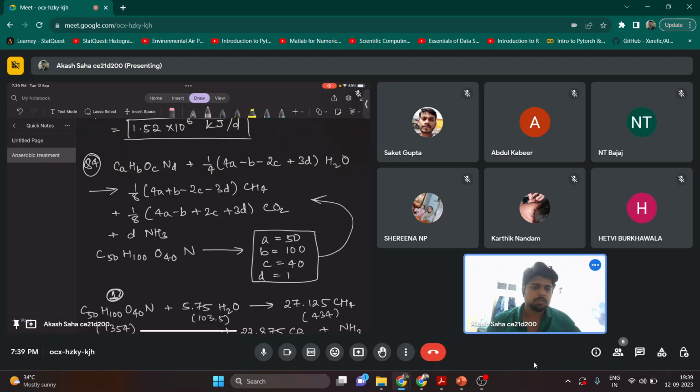Just with the help of this basic equation, we can find the weight, volume, everything. If the ultimate analysis of the organic waste is done and we know the subscript of all the carbon, hydrogen, oxygen, and nitrogen, then by the help of ultimate analysis, we find the various carbon, nitrogen, or oxygen contents of the organic waste. Is it clear? I hope it is clear.